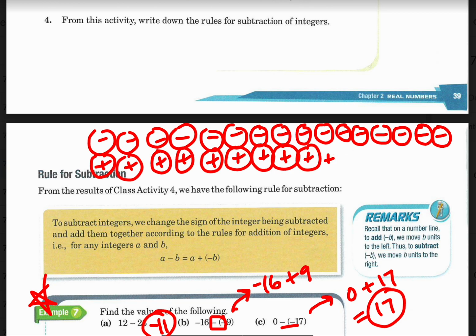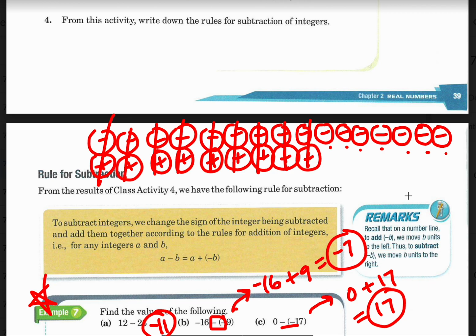Oh, and that's it. These cancel. So I end up with 1, 2, 3, 4, 5, 6, 7 negatives. Negative 7.